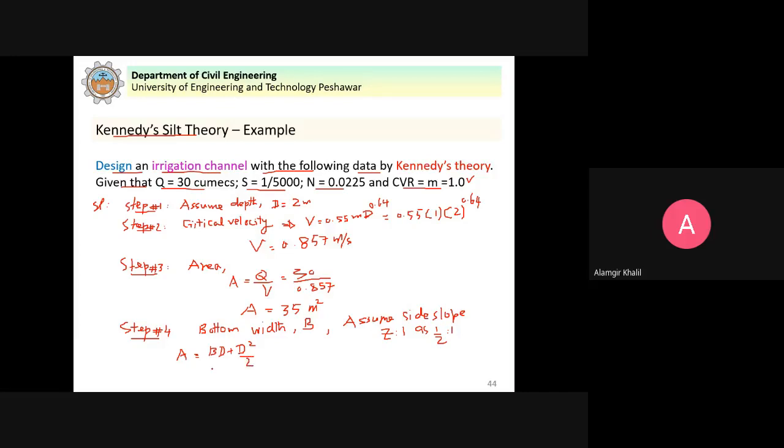Now you can see that in this formula A is known, which is 35 square meter. D we already assumed in the first step. So the only unknown is B. We can now easily calculate B from here. We have 35 as the area, B is unknown, which is the bottom width.